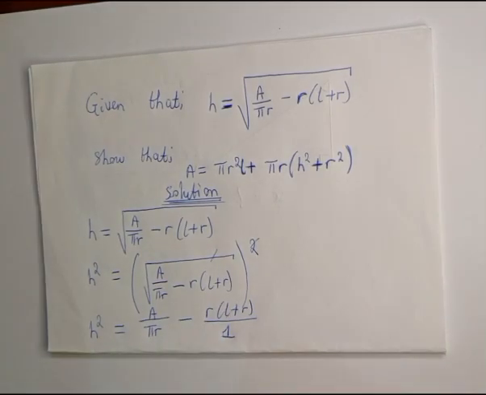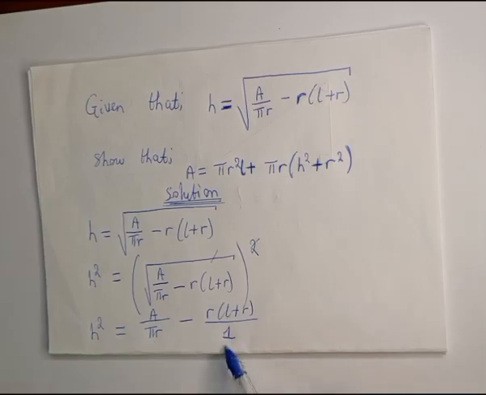The next step, we are going to add the two algebraic fractions at the right hand side, that is A over pi r minus r times L plus r over 1. We are going to find the LCM of their denominators. The LCM of pi r and 1 is simply pi r.